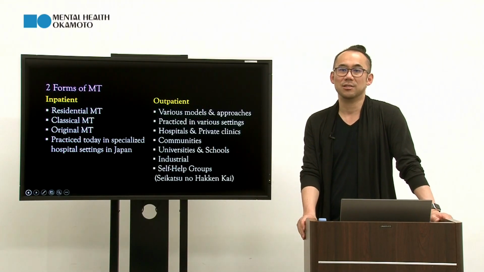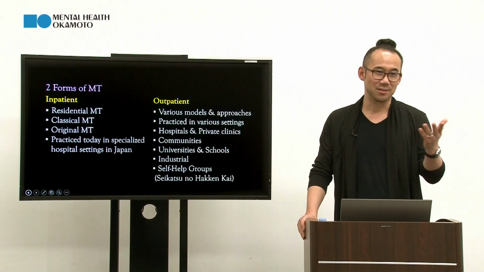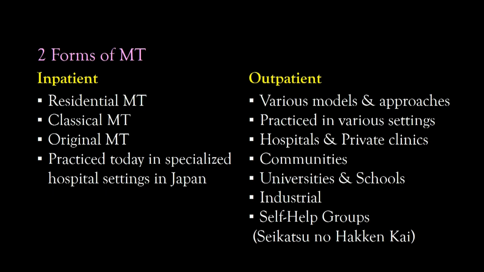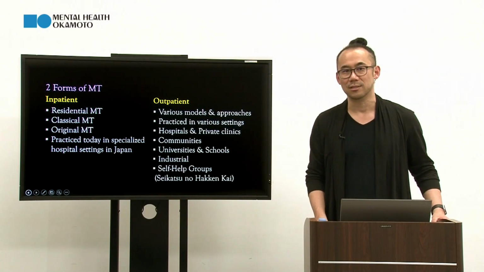It's practiced today in specialized hospital settings in Japan because it requires certain facilities and staffing. The other form is outpatient Morita Therapy, which is becoming more and more popular. Various models and approaches are available, and it can be practiced in various settings, for example hospitals and private clinics, community clinics, universities and schools, and industrial and organizational sectors.